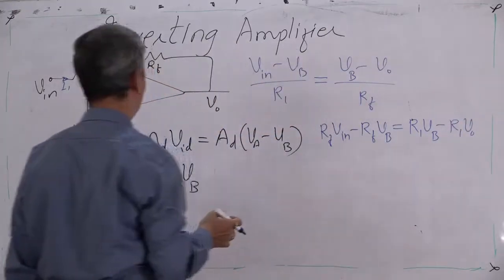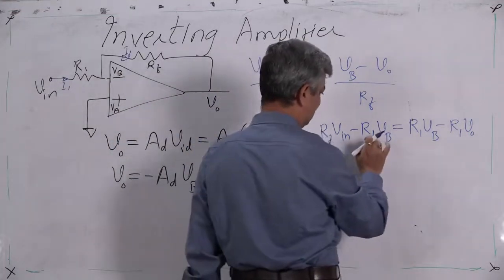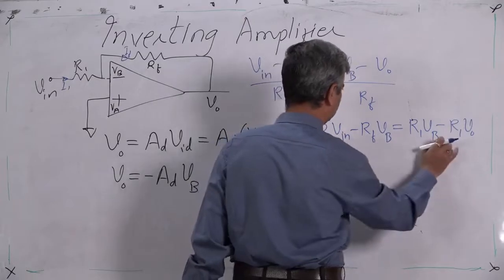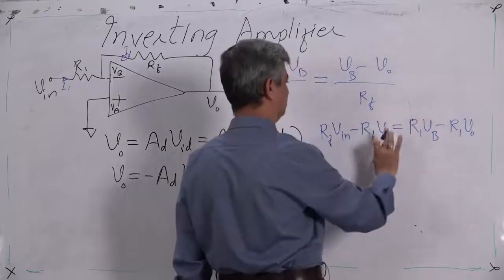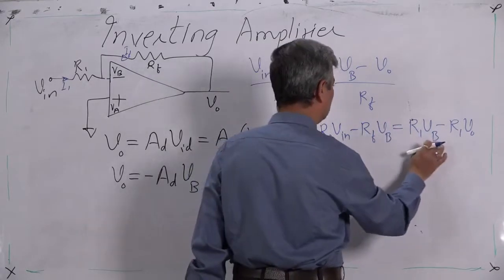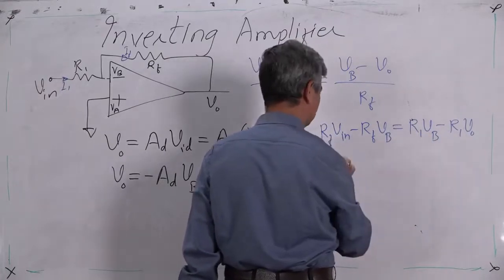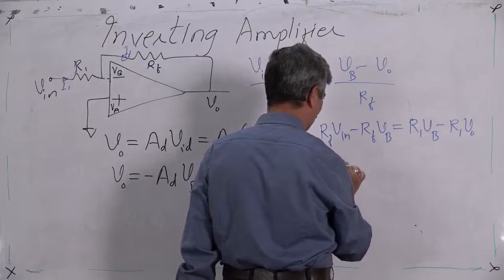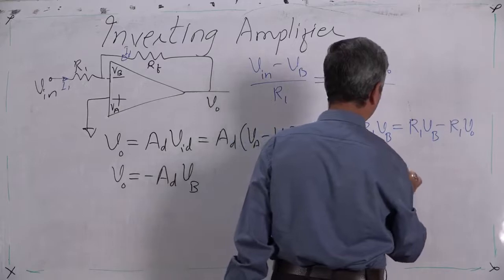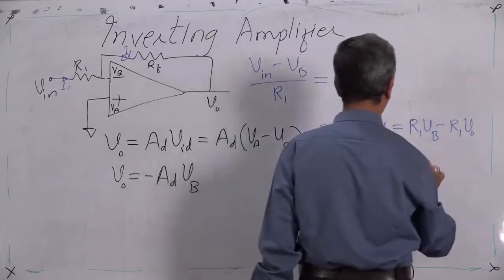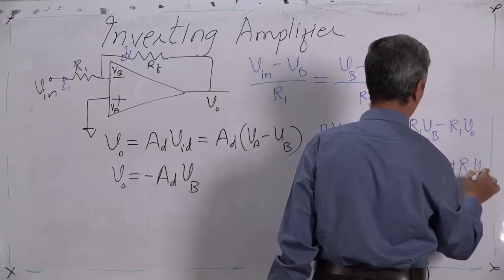What we want is to get rid of VB. So I take this term on the right hand side, this term on the left hand side, and swap the things. So R1 VB plus RF VB is equal to RF Vin plus R1 VO.